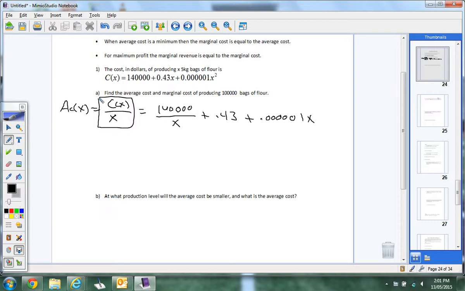If you have a price of 10 desks, I would divide the cost equation by 10 because I have 10 desks, and figure how much they cost apiece. So now all we have to do is put in 100,000 for x.